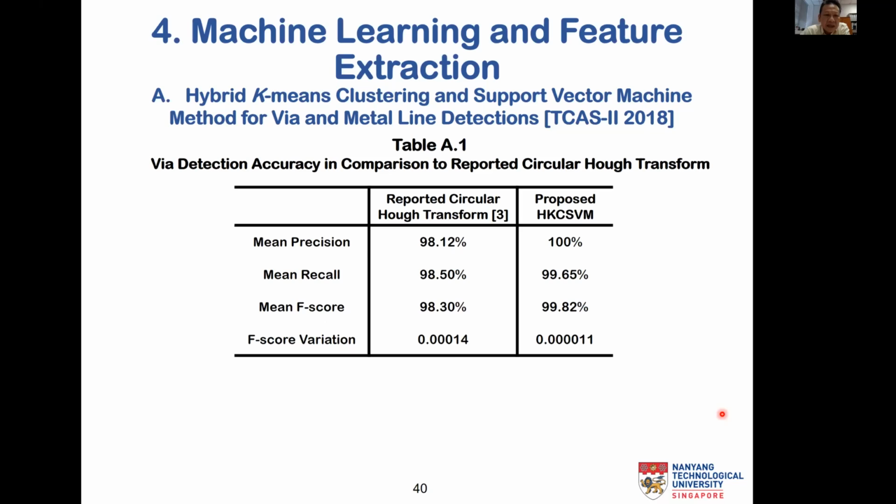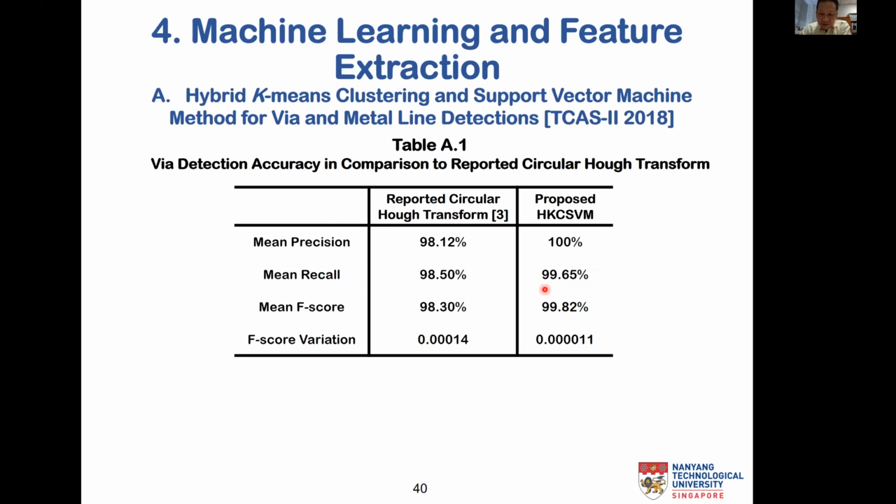So we use this hybrid k-means clustering and support vector machine for VR and metal line detection. In our method, we are able to achieve a mean precision of 98.12%. Sorry, our proposed one is 100%. If you compare to the reported circular Hough transformation, it is 98.12%. Our mean recall is 99.65%.